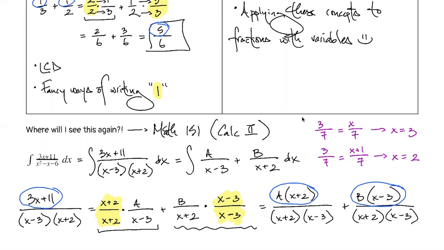And the answer is no. So if the denominators are the same, we can cross them out and say x equals 3. Or in our second example, we don't need to cross multiply and then distribute and all that stuff. We can cross out those denominators that are the same, and now we have 3 equals x plus 1, and everyone can solve that. We know x equals 2.